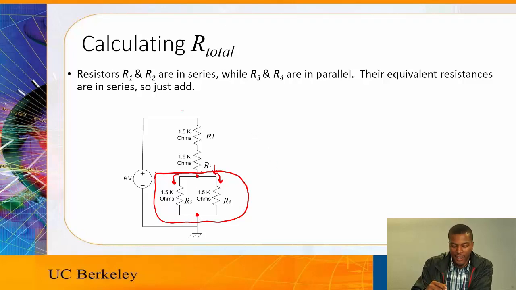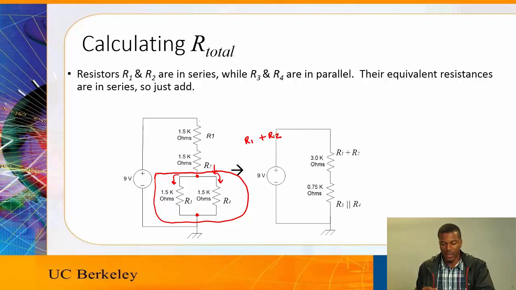Now let's move to the top part of this. We can clearly see that R1 and R2 are in series. So to find the equivalent resistance of R1 and R2, we just take the sum, which is R1 plus R2. Now this circuit transforms into what we have illustrated here.